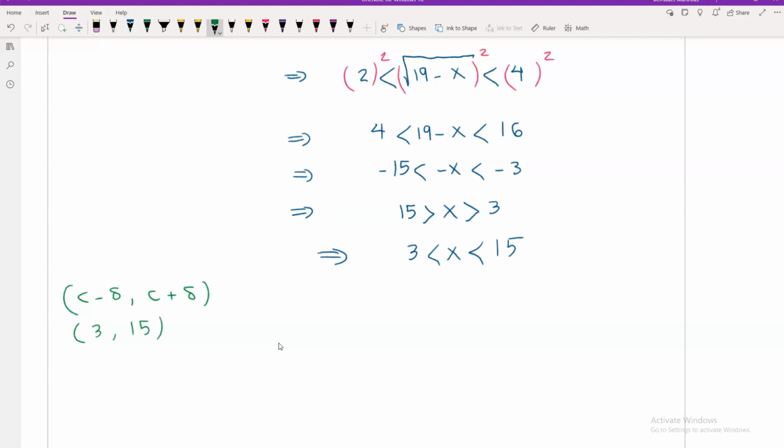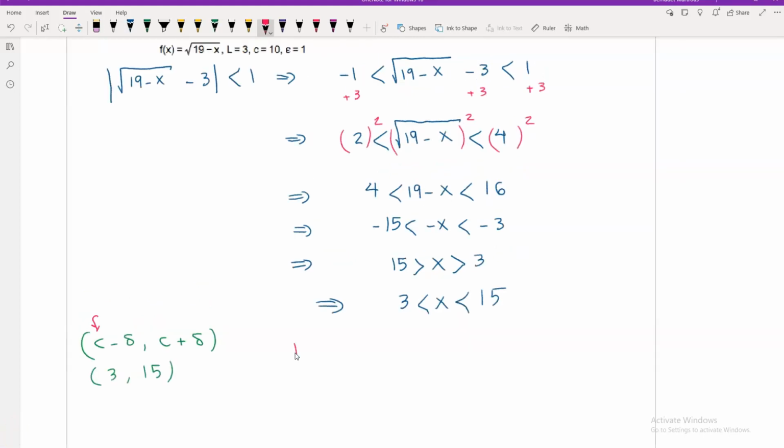So using these, we have ten minus delta, because our c is 10. So 10 minus delta is equal to 3. Solving for delta is equal to 10 minus 3. And that is 7.